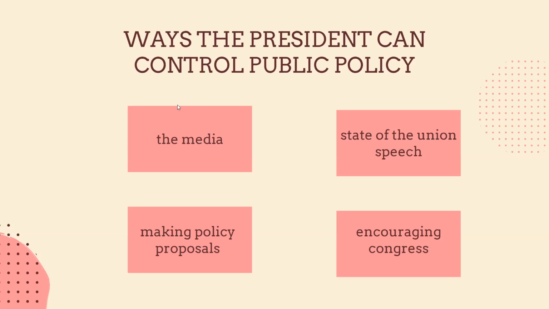A famous use of the media by a president was when Kennedy had fireside talks. He'd go on TV and talk to the people of the United States to try and influence what they thought and push policy onto them.